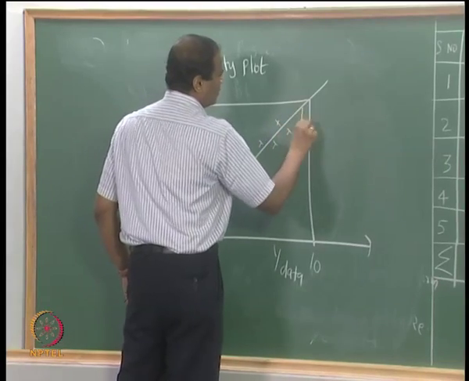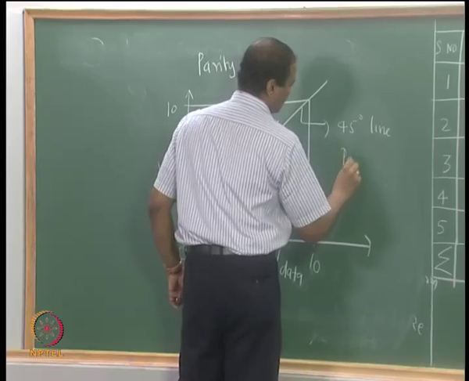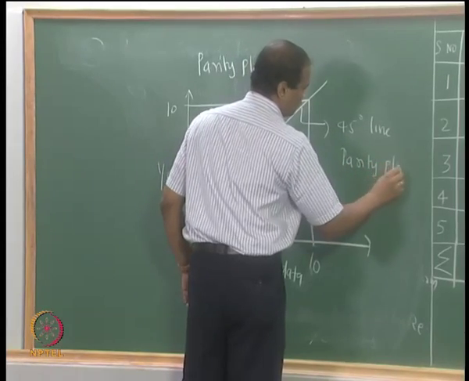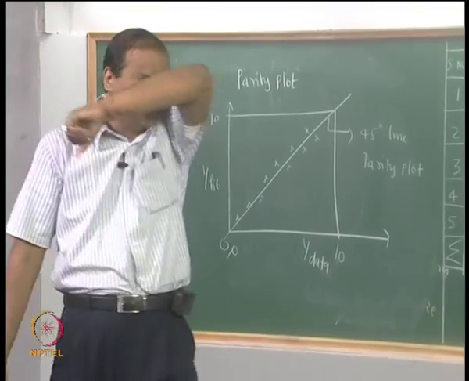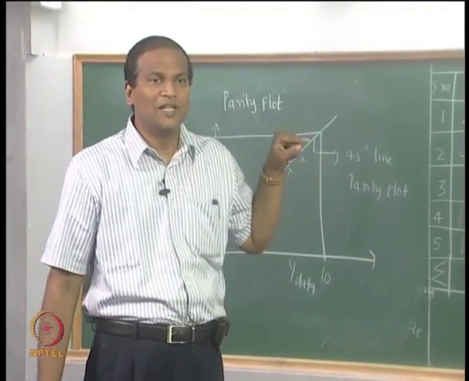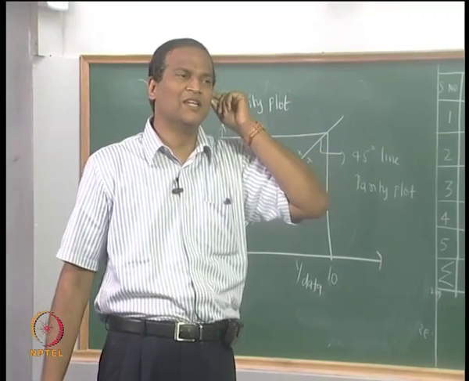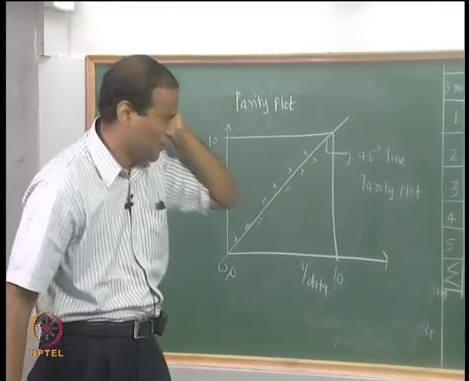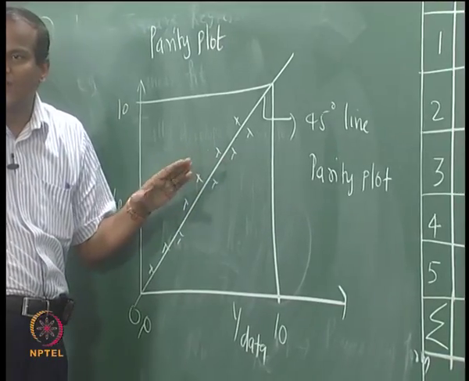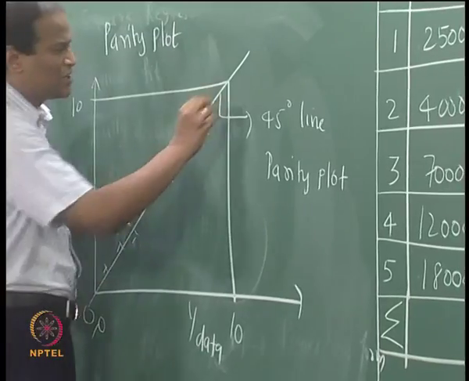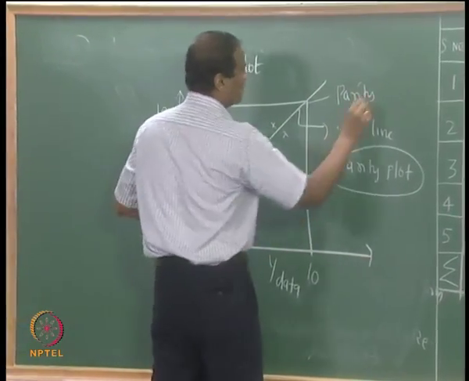This is called the 45-degree line. When you write your project reports or when you write a research article, there is also another way of graphically depicting the relationship between the y data and the y fit using this way. So the points must be equally spread on both sides of the 45-degree line. This 45-degree line is called the parity line. This whole thing is called the parity plot, this is called the parity line.